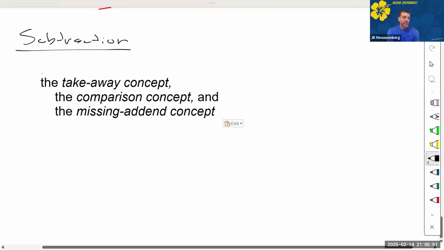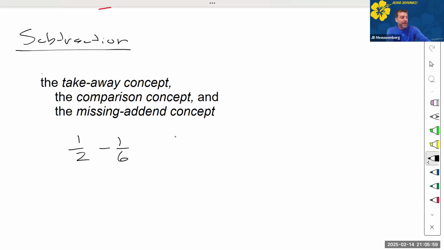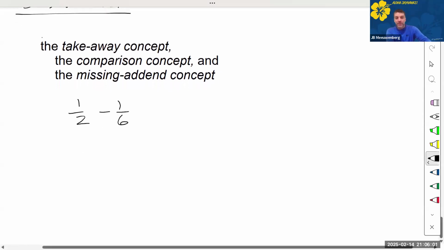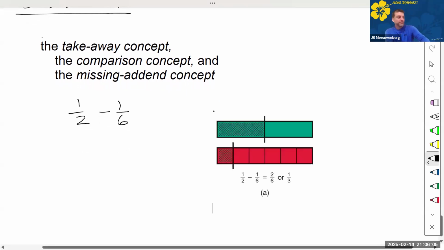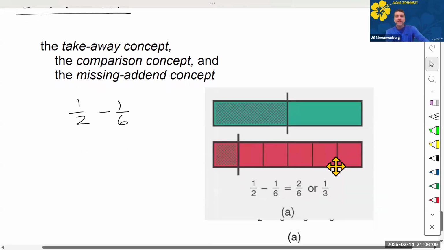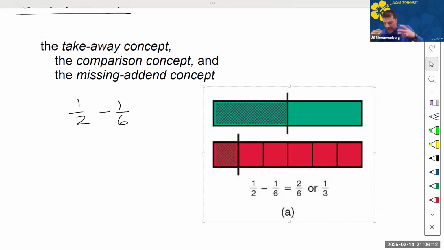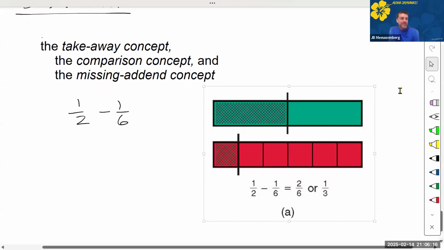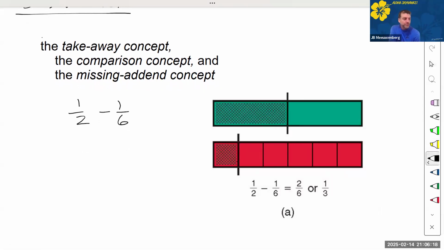So here's the first one that we will look at. It is 1/2 minus 1/6. Now you could probably do that given what we just talked about with adding fractions, but it's also important that we connect it with a visual model. And so here's what this would look like. And this is going to demonstrate both the comparison concept as well as the missing addend concept. So let's talk through this.